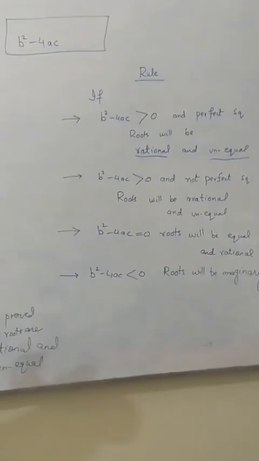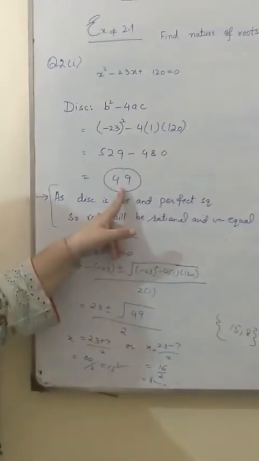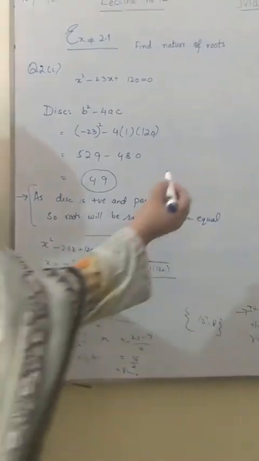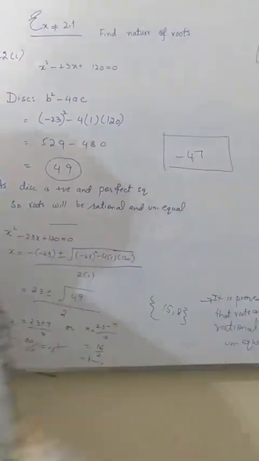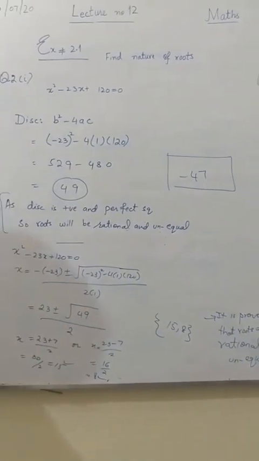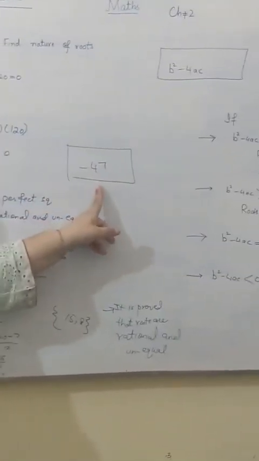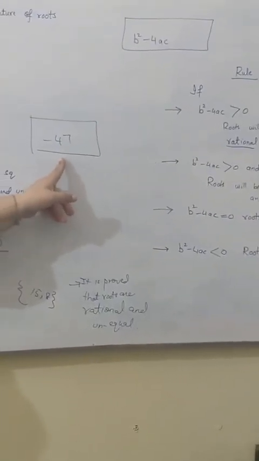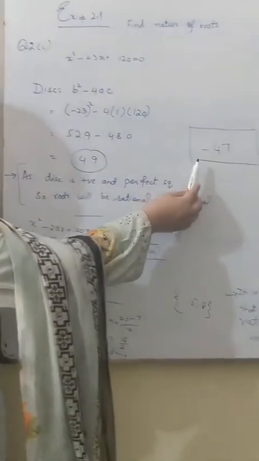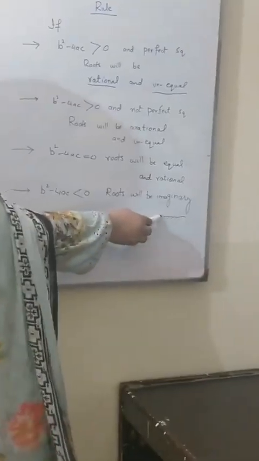For example, if we have a discriminant equal to minus 47, that is negative. In this condition, the discriminant is negative, so the roots will be imaginary.